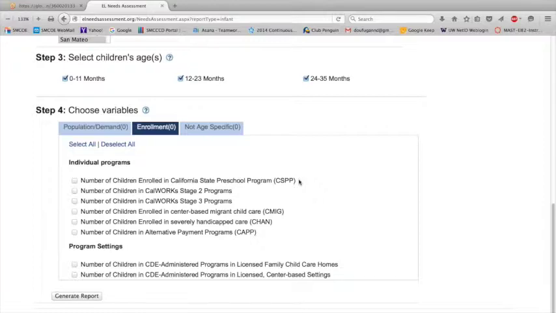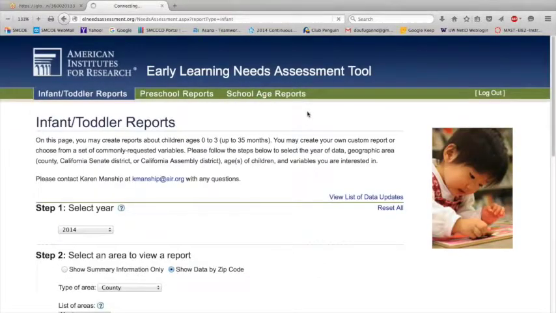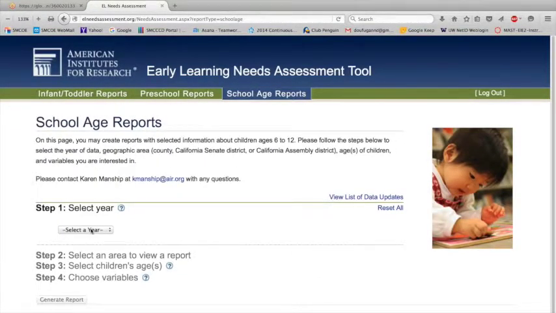So you need to find your zip codes and then scroll to find CCTR, and you could paste it in. It's a little bit more of a pain in the neck, but not that bad. I apologize for this. And then school aged is the same basic idea.